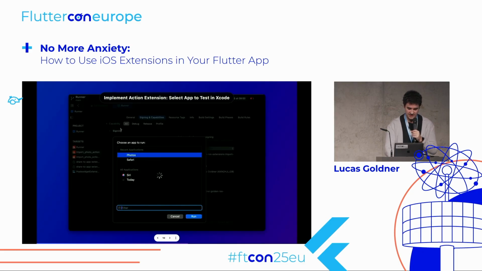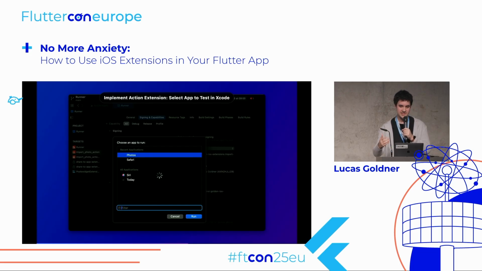Then when we select not our Flutter app, but the extension, it's hidden right now, but over here, where you select the target normally, you can then get this specific window where you can select which app to start it from.